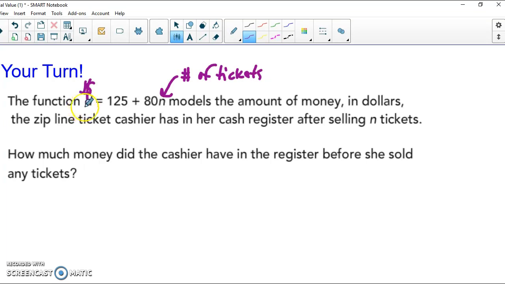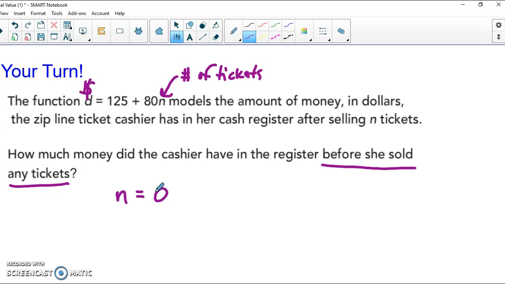We're trying to use this linear function rule to figure out how much money the cashier had in the register before she sold any tickets. So before she sold any, that means she's sold 0 tickets. n equals 0. She has sold nothing, but she still has some money in her cash register.